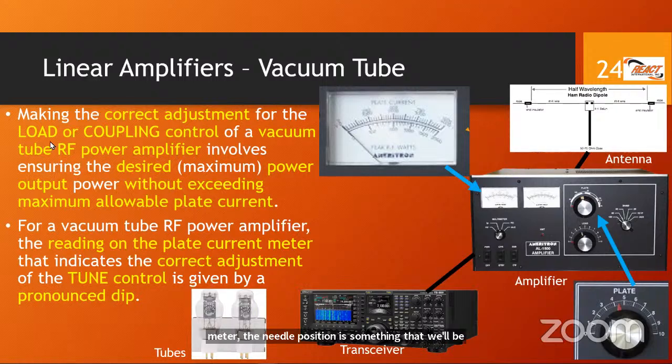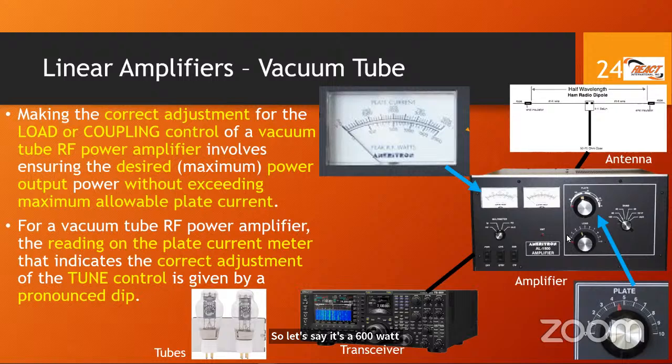So for the exam, we need to know that for the vacuum tube amplifier, making the correct adjustment for the load or coupling control of a vacuum tube RF power amplifier involves ensuring the desired or maximum power output without exceeding the maximum allowable plate current. So we want to drive this amplifier to what it's capable of doing. Let's say it's a 600 watt or 1500 watt. In this case, we want to drive it to 1500 watts.